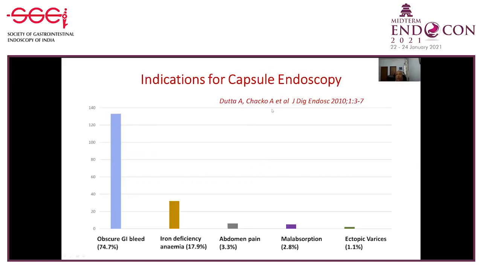In a study from our center at CMC in 2010, when we looked at indications for the about 178 procedures that we did, obscure GI bleed was the indication in 3/4 of cases, and in 20% it was iron deficiency anemia, and in a few cases abdominal pain and diarrhea.